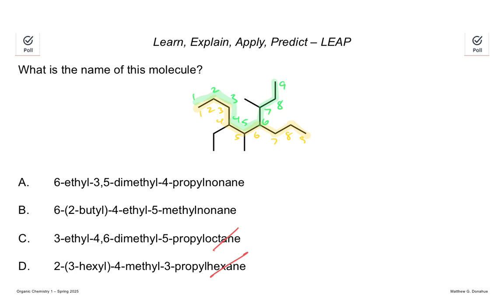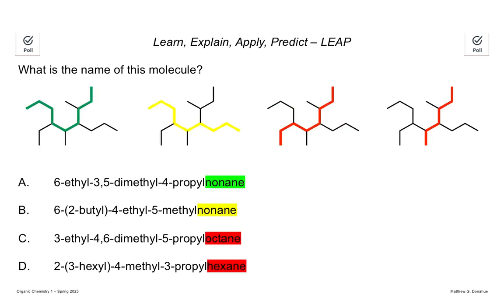I want to say A is the correct answer, but let me peek at the answer. So let's just look at that slide. So yes, A is the correct answer. So the paths in red are shorter chain lengths, so they can't be considered. Then the 2 paths, green and yellow, are both 9 carbons, so they're in the running.